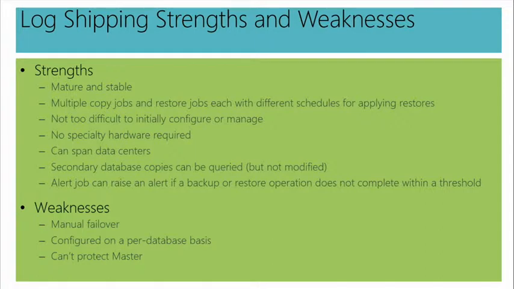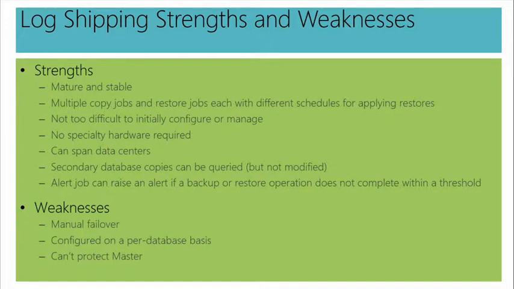It's not, as you'll see from the demonstration, too difficult to initially configure or manage, and there's no specialty hardware. That's a good thing. Because copy jobs can move from UNC path to UNC path, anywhere in my network where I have access, I could even span geographical regions.